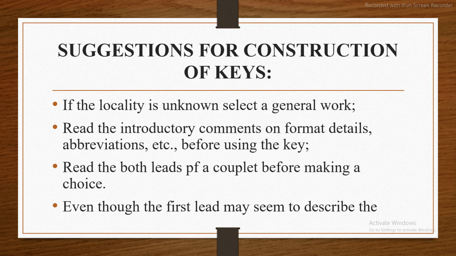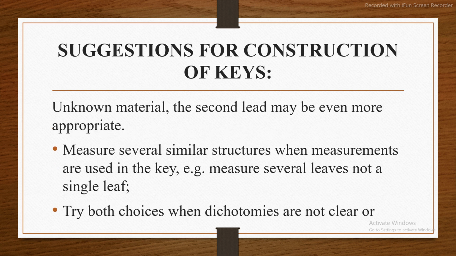Read the introductory comments on the format details, abbreviations, etc. before using the key. Read both leads of a couplet before making a choice. Even though the first lead may seem to describe the unknown material, the second lead may be even more appropriate. Measure several similar structures when measurements are used in a key.